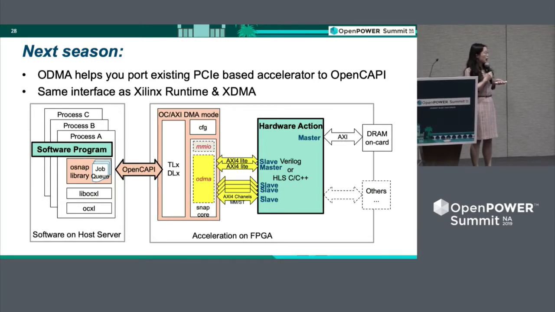It has a job manager here, and it will interpret the job descriptors and move data for you. It provides two AXI Lite interfaces and several channels of AXI data ports, and it can either be memory mapped or stream-like.